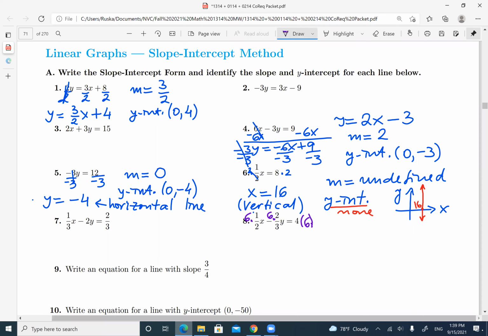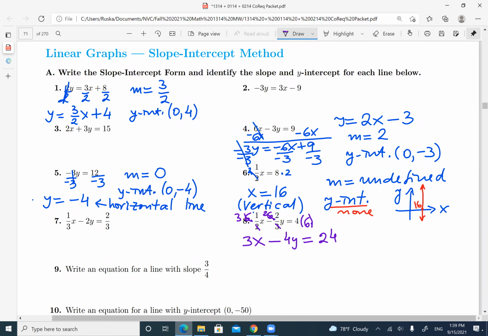So 6 divided by 2 is 3, and 6 divided by 3 is 2. So what I have is 3 times 1 is 3x, minus 2 times 2 is 4y, equals 6 times 4 is 24.